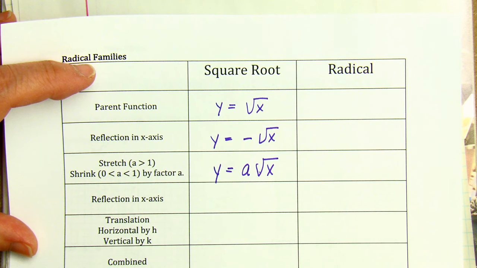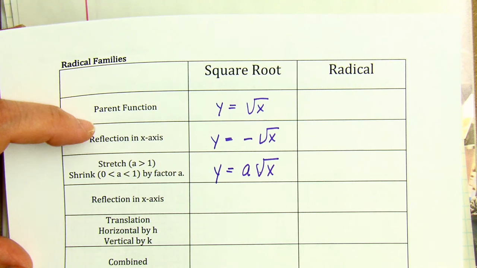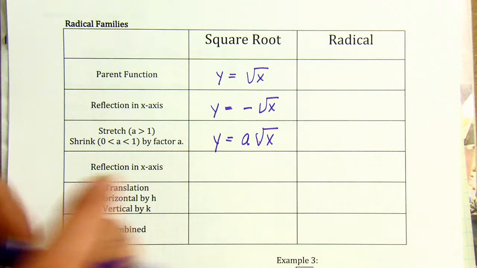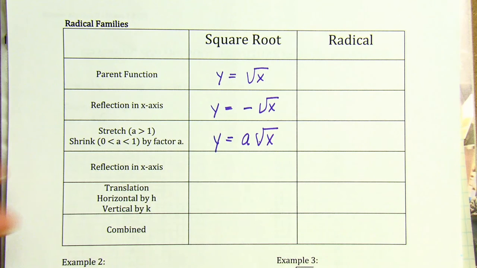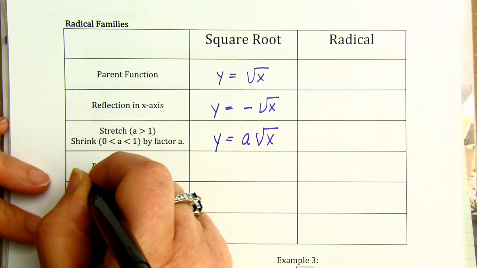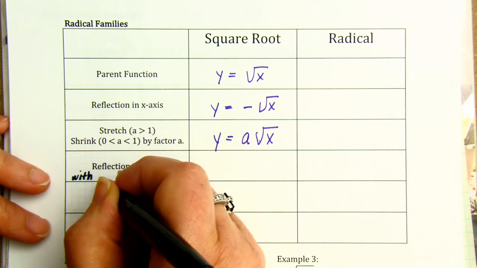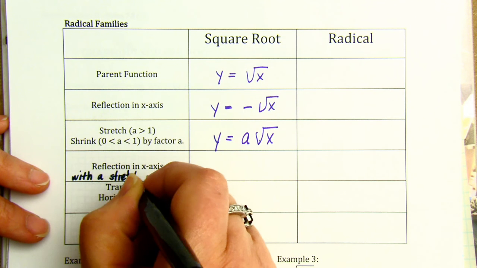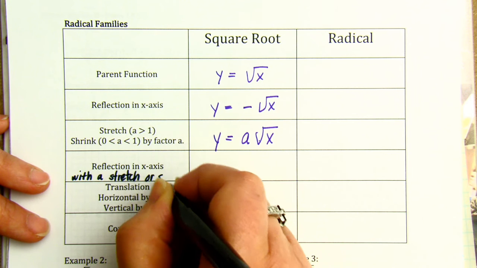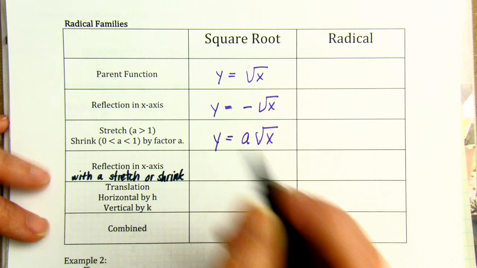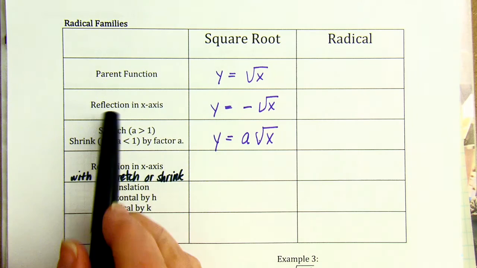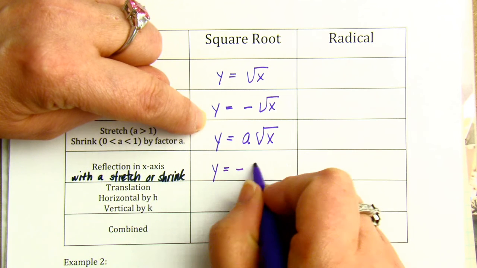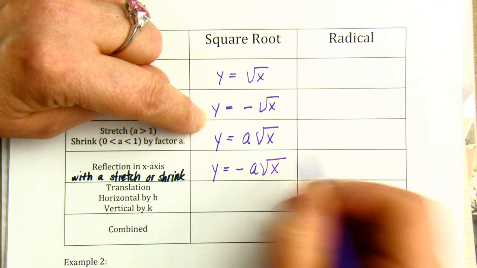Well, let's change that and say reflection in the x-axis with a stretch or a shrink. We want both because we already have reflection in the x-axis here. So y equals negative a times the square root of x.